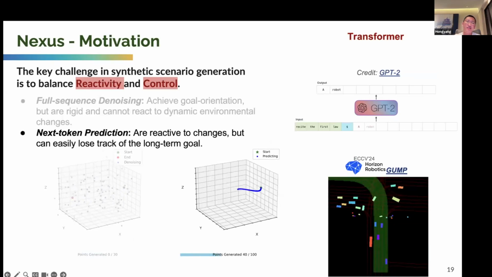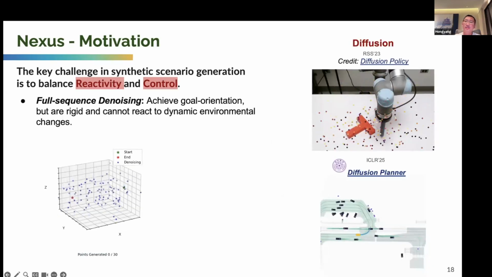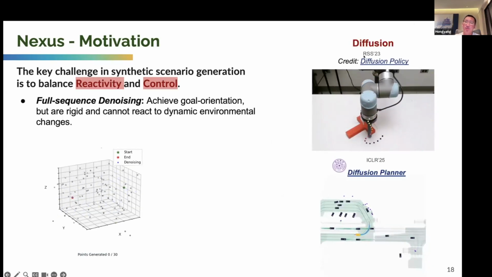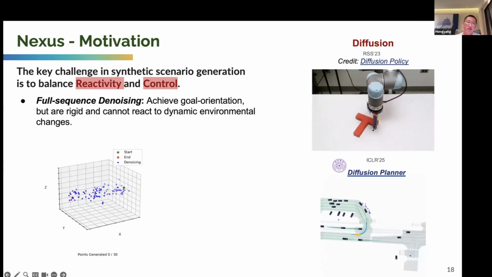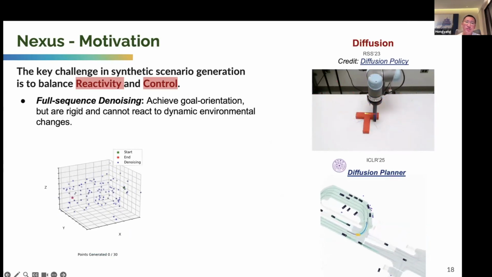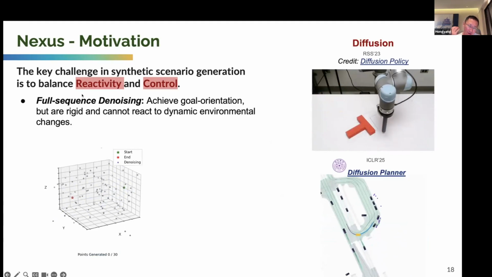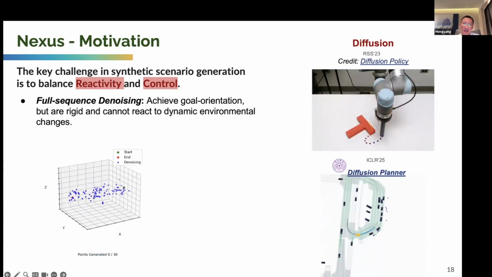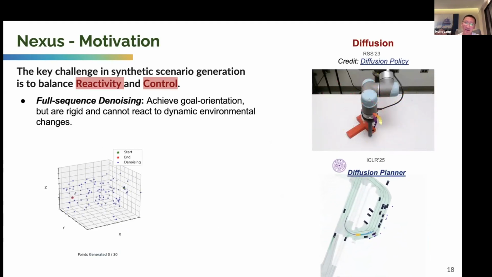But here we want to argue that the key challenge in synthetic scenario generation is to balance the realism and also the control. So we start from a simple diffusion policy. As you may know, the full sequence denoising is gonna achieve goal orientation.